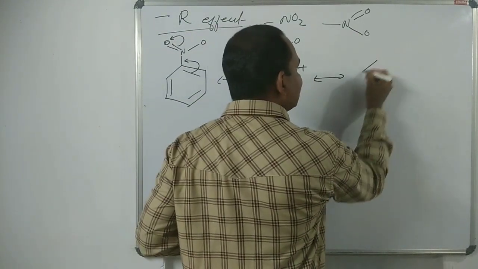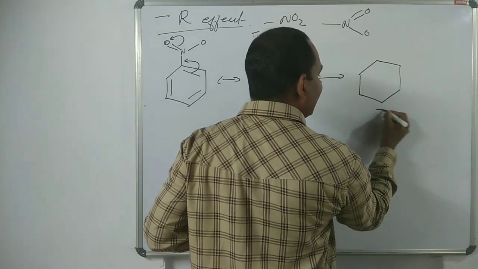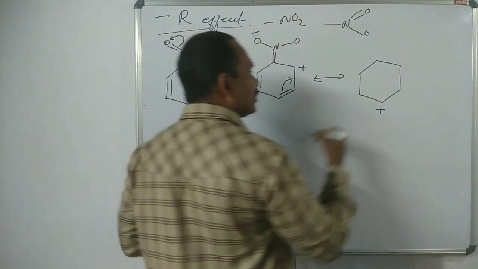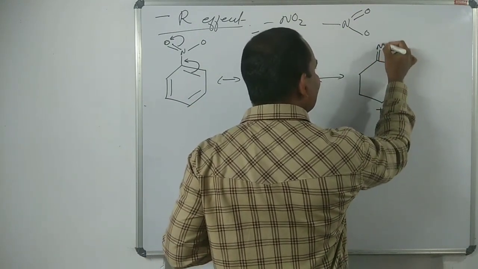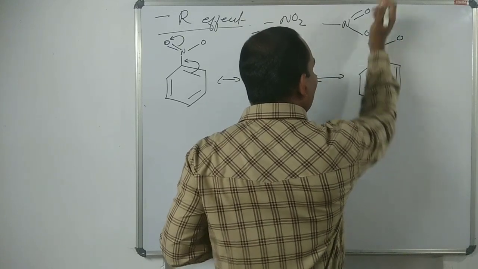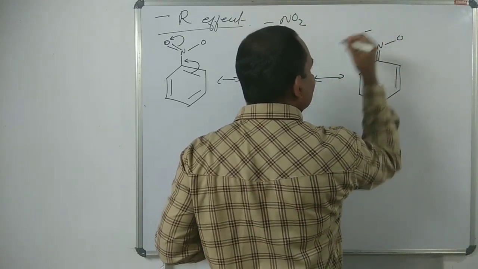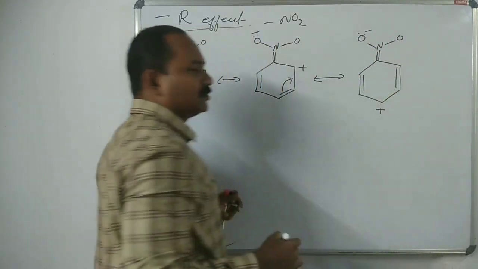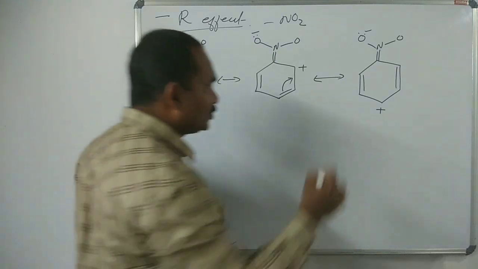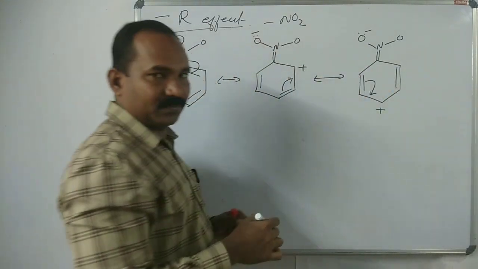So we have another resonance structure. A positive charge comes on the carbon atom, with a double bond between nitrogen and oxygen, and O minus. Then here is a double bond, and in the next possibility the bond is shifted to this side.